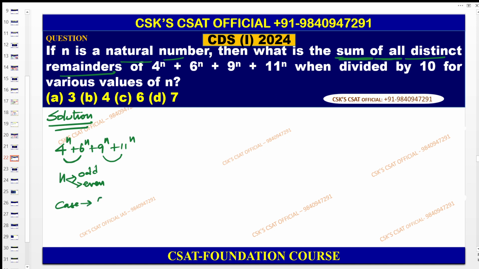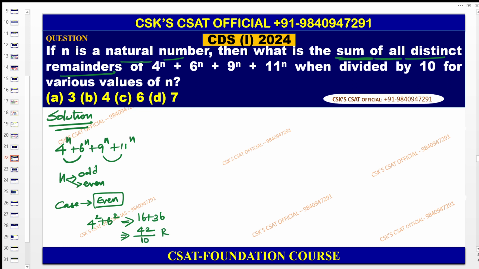Suppose the case is even, what will happen? Let us take the first two. 4 power 2 plus 6 power 2 is equal to 16 plus 36, which is equal to 42, divided by 10.